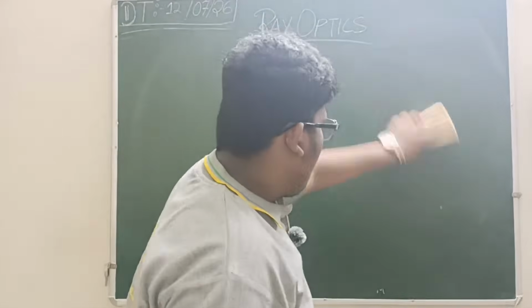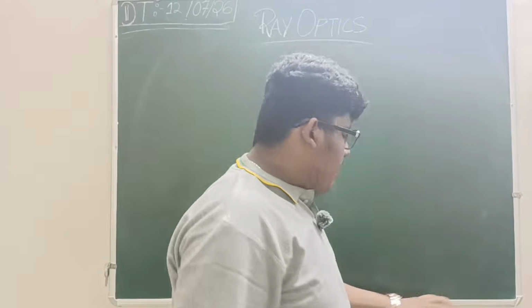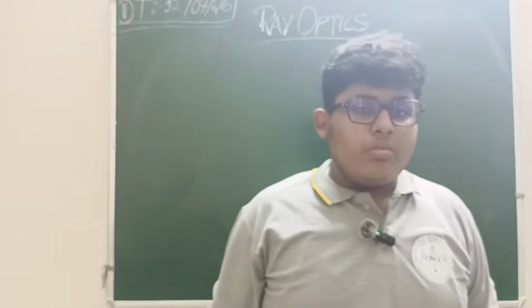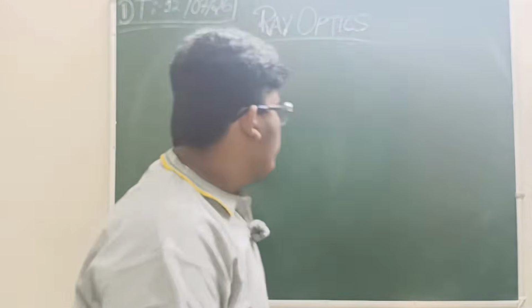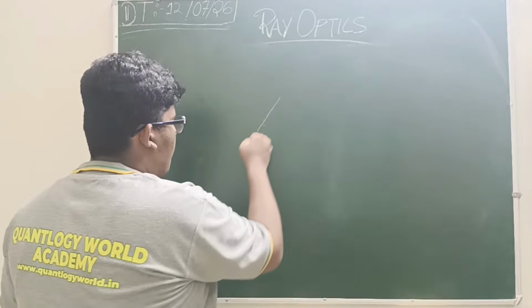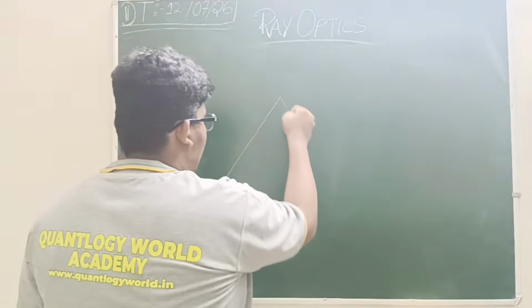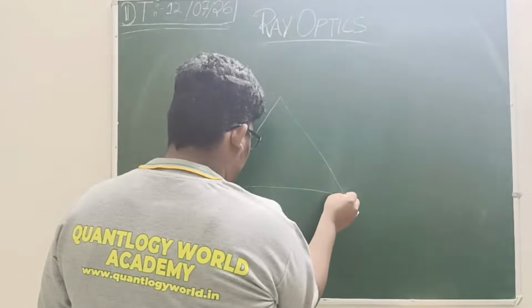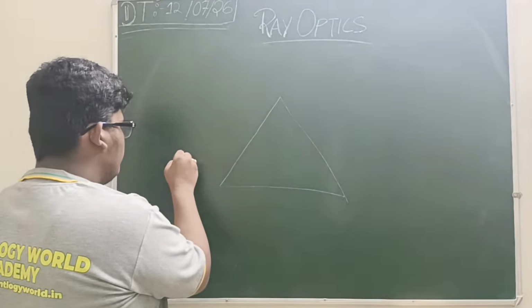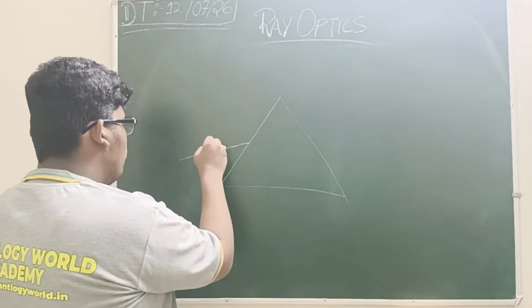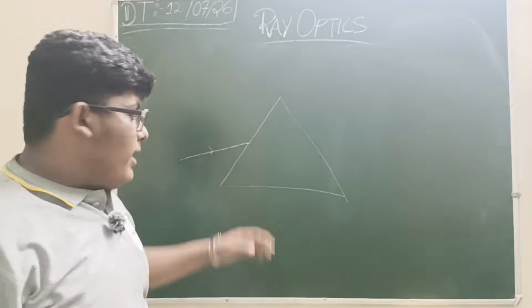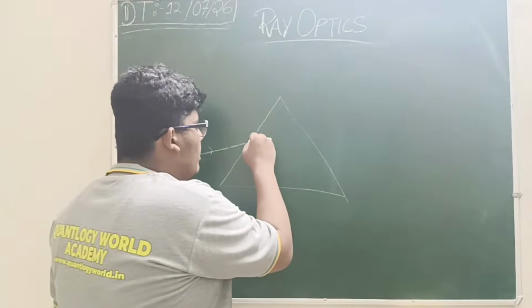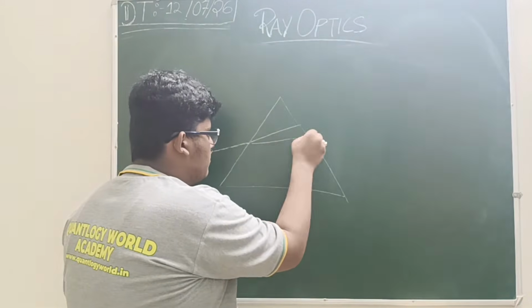Next, by prism experiment we can get 7 colors, that is VIBGYOR. If we put white light, directly incident white light to prism, then it will give 7 colors.